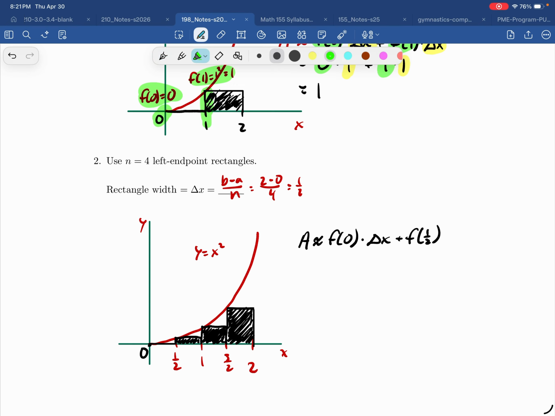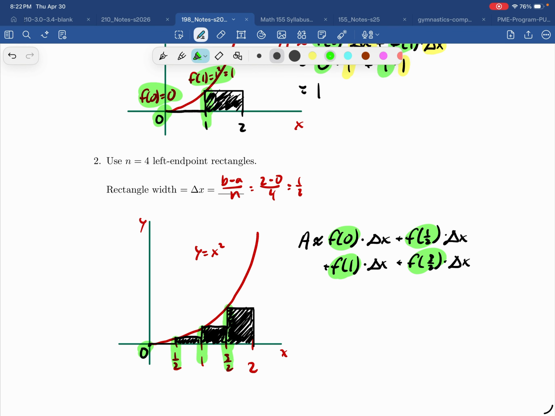So the f of 0 and then f of 1/2, that's that height, times delta x. We're just doing length times width. Plus f of 1 times delta x plus f of 3/2 times delta x. And you see that we're just doing that.